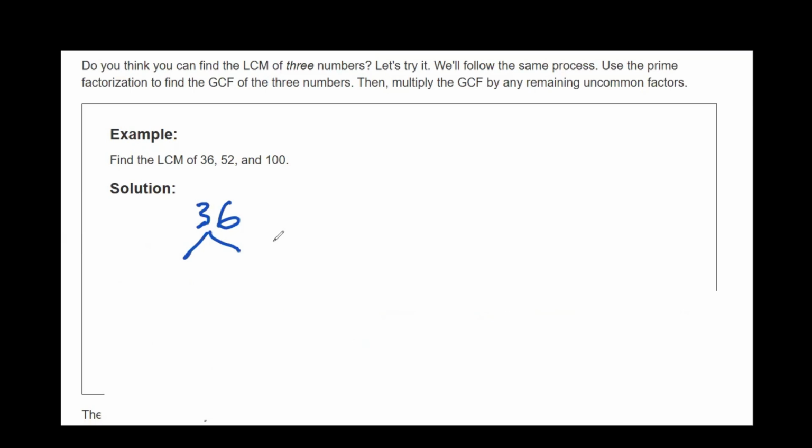And 6, you can do 6 times 6. Okay, and 6 is? 2 and 3 for each. And 52, the factors of 52 are? 52 you could do 2 multiplied by 26.